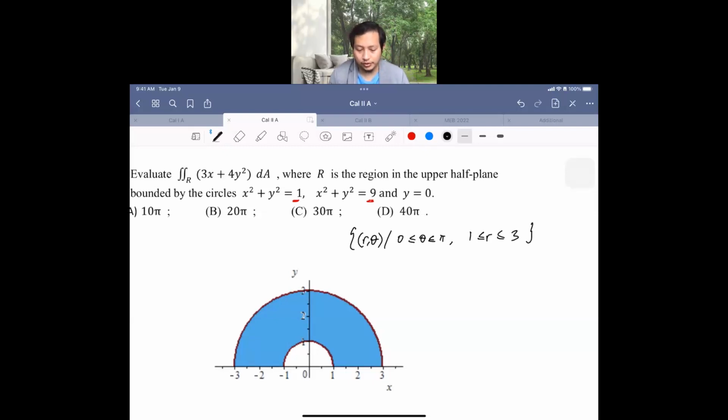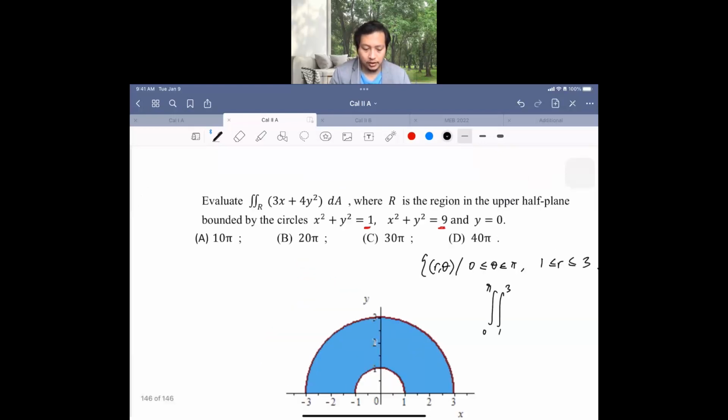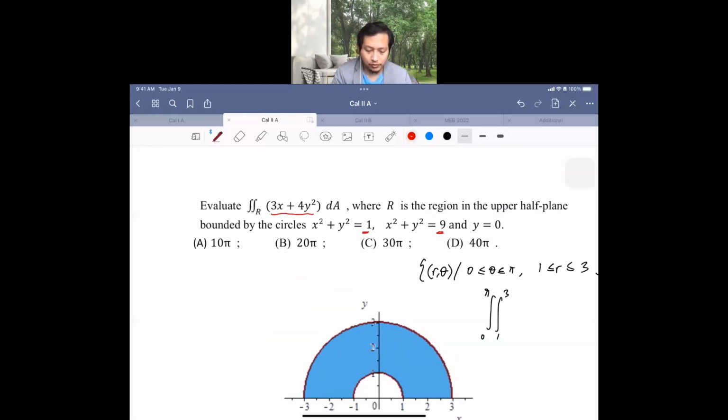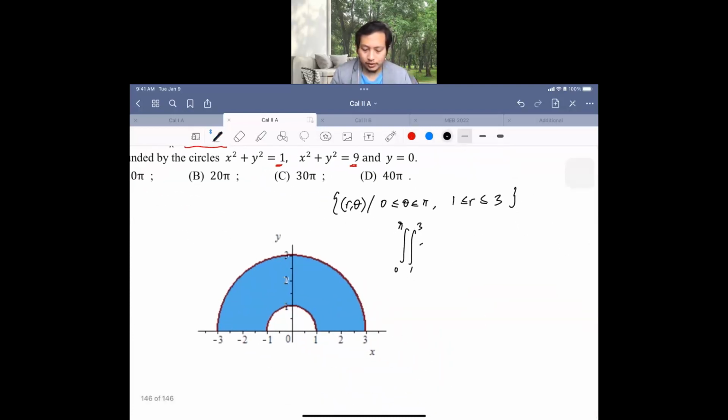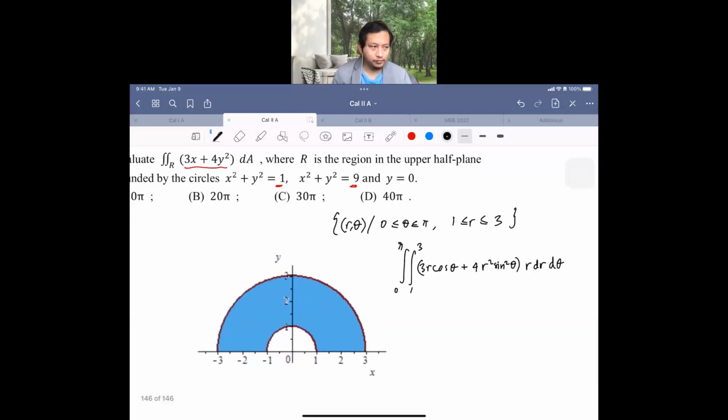It's not too difficult for this region. The integrand 3x plus 4y squared in polar form is 3r cosine theta plus 4 r squared sine squared theta. Don't forget to multiply by r dr d theta.